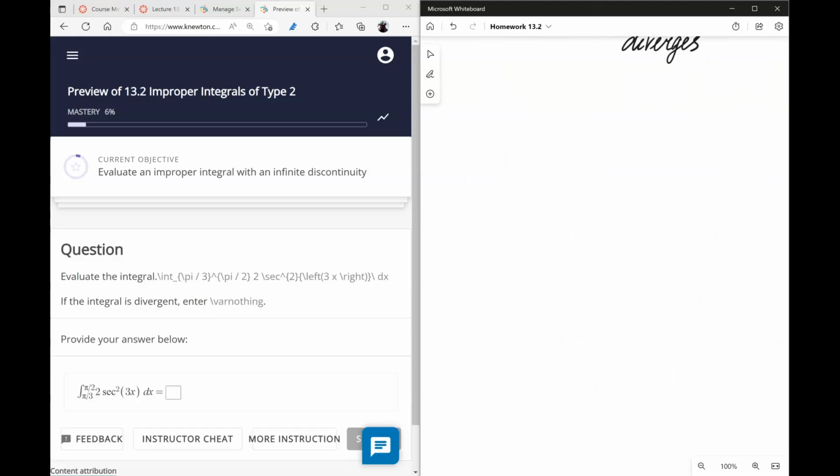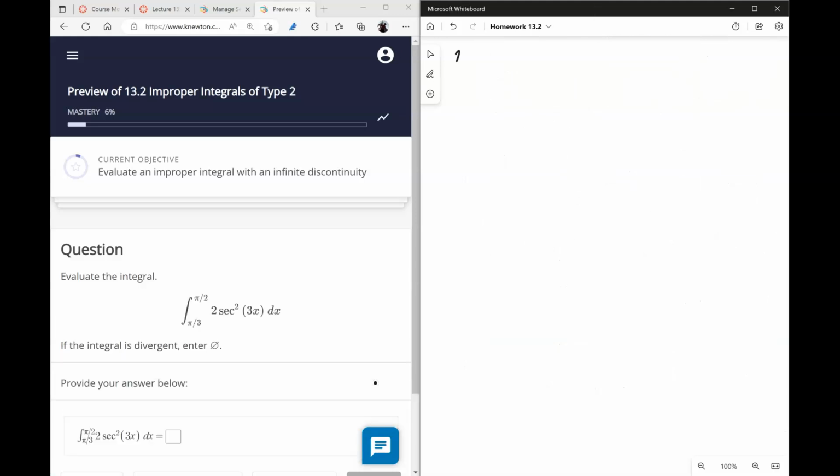Let's move on to the next problem. We have some trigonometric integral from pi over 3 to pi over 2 of secant squared 3x dx, and we know that the secant function is not continuous at pi over 2.